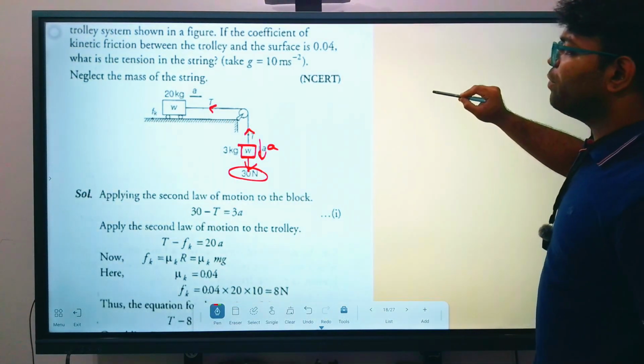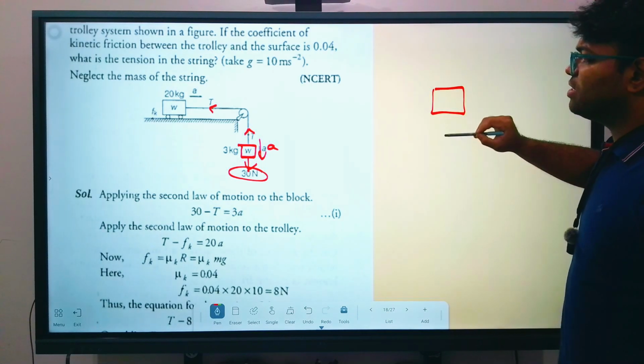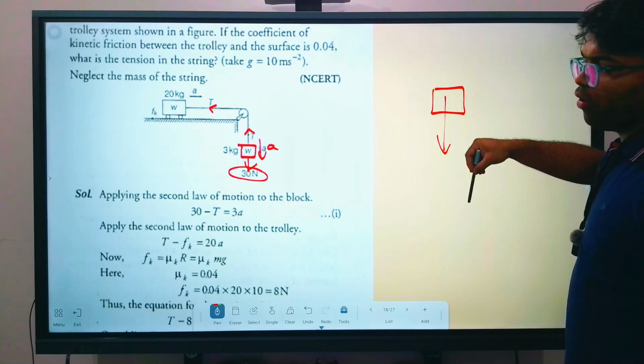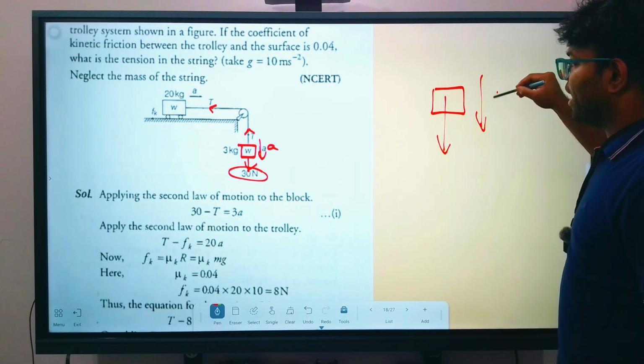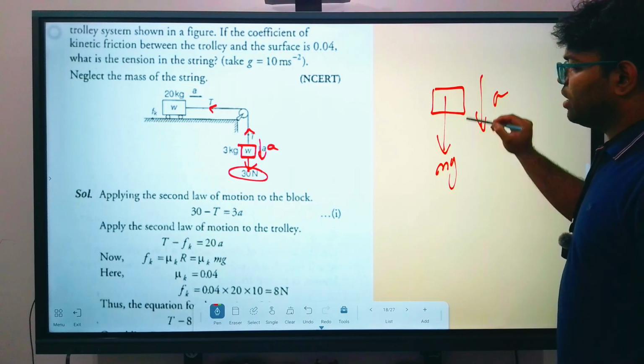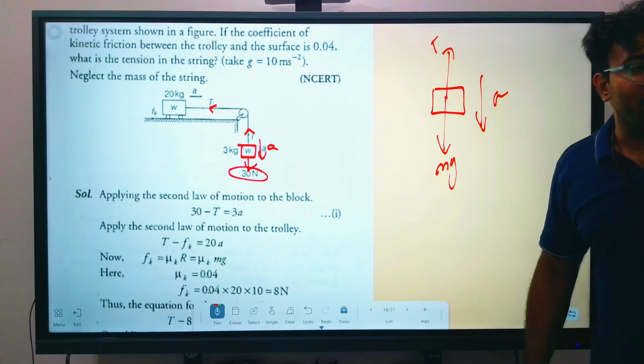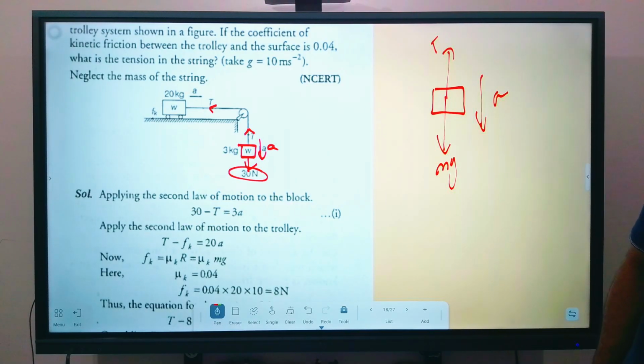Now, Drupad, the elevator story. You have a block like this. The block is going down, and the acceleration a is downwards. This is mg. This is the tension. The same logic that we used for lifts to find the apparent weight. What did we used to say?